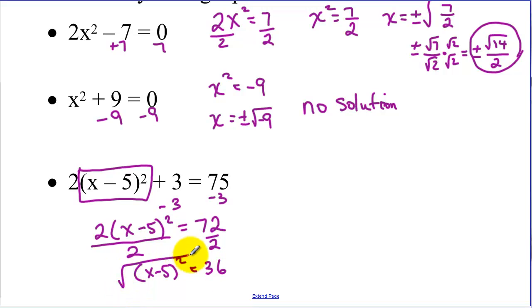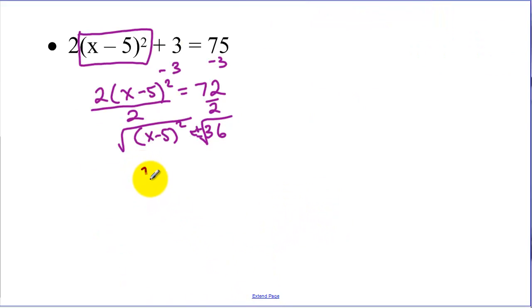We're going to square root both sides, remembering to take both the positive and negative square root. When we square root this here, we get x minus 5. Square rooting undoes the square, and this one happened to be a perfect square, so we get plus or minus 6.